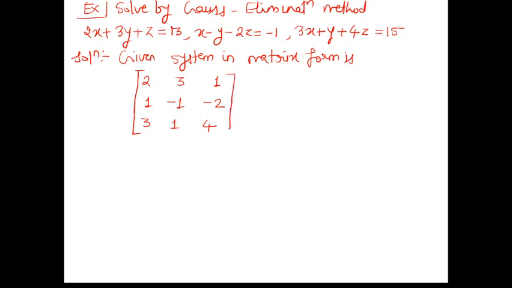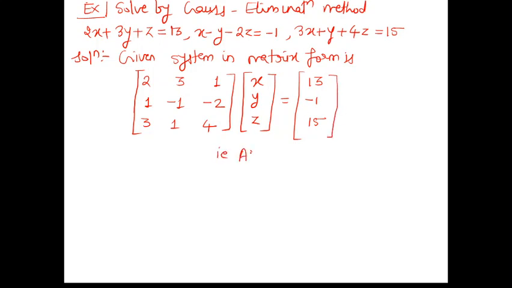So this will be the matrix form of the given system of equation, which I am denoting here as Ax equal to B, where A is a coefficient matrix, B is a constant matrix, and X is a variable matrix.